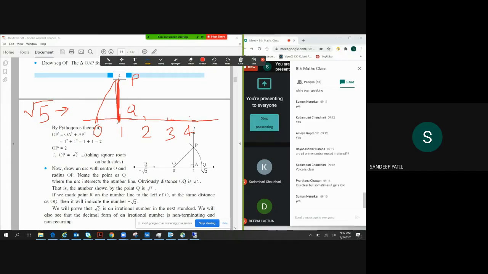So from 0 to 1, from 1 I draw a perpendicular line. What is the length of PQ? Q is on 1. Can you write in the chat box? Yes, answers are coming. Some people are writing 1 unit, some 2 units.